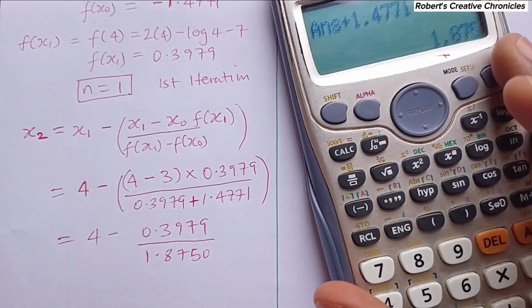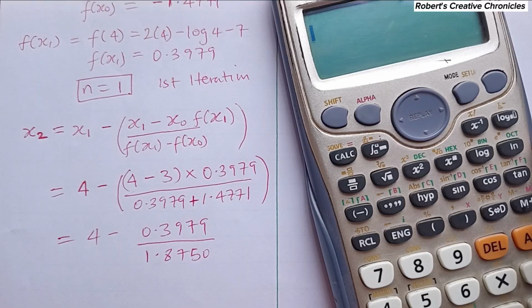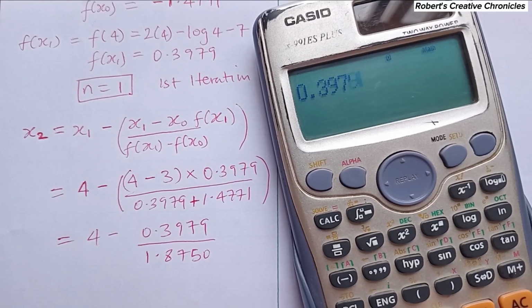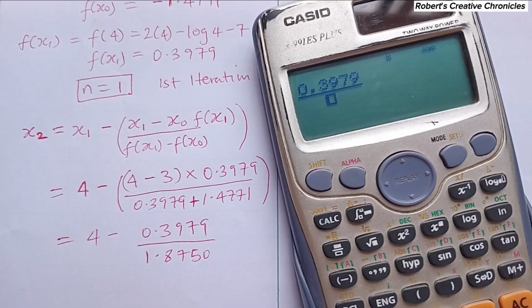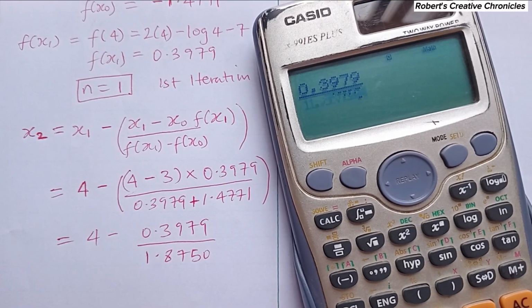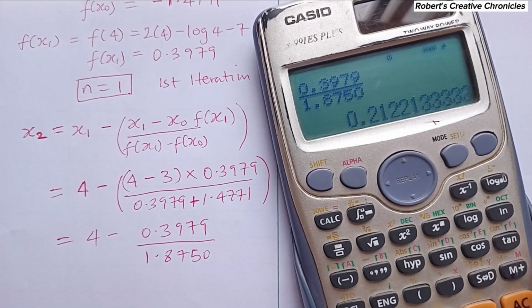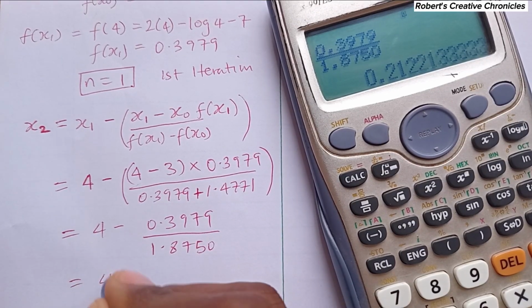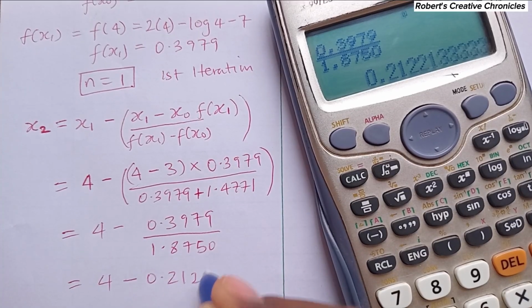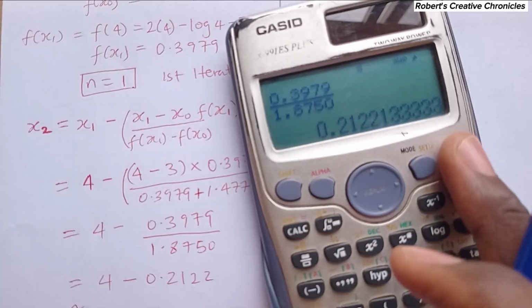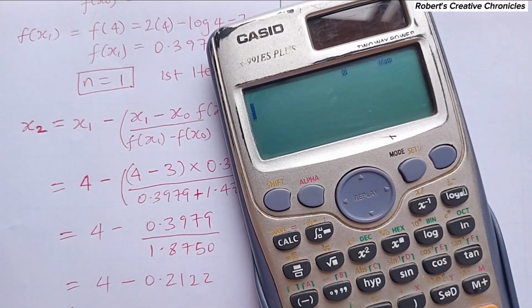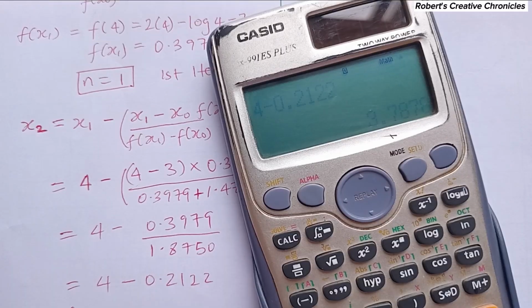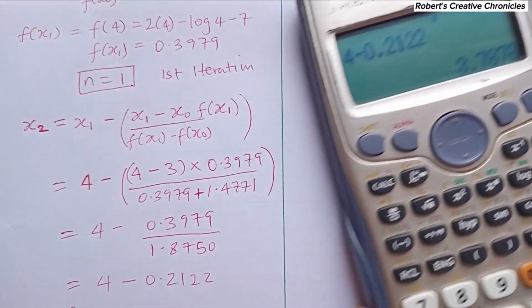So now let's divide this. 0.3979 divided by 1.8750 is 0.2122. So this becomes 4 minus 0.2122, which is approximately 3.7878.